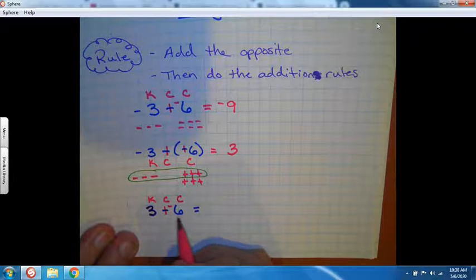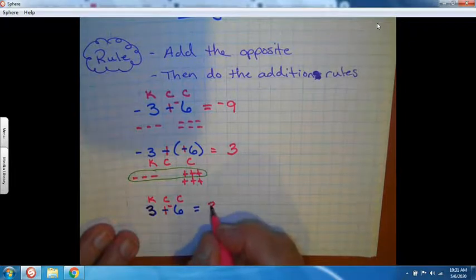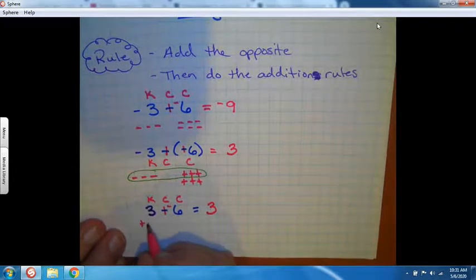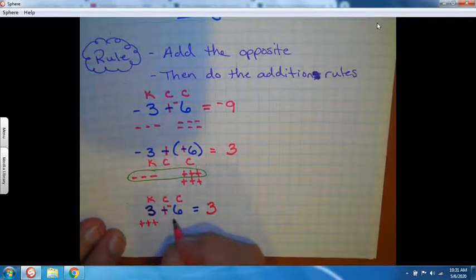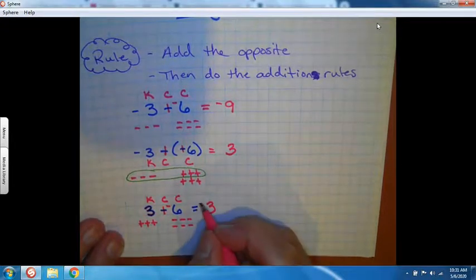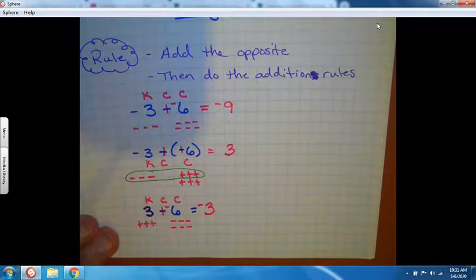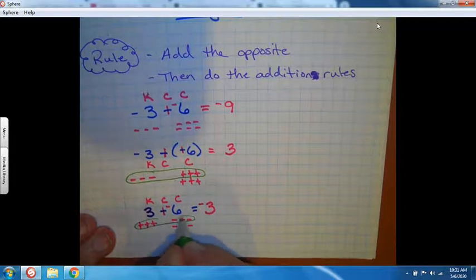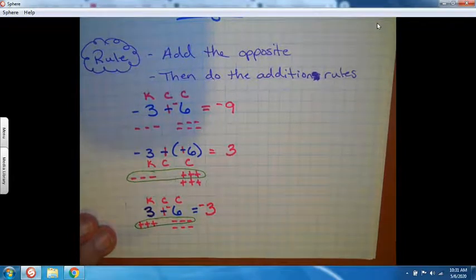So 6 minus 3 is 3. And then there's 3 positives here, and there's 6 negatives here. Who has more? This has more, so this is going to be a negative 3. Or, if you're more comfortable and you want to circle your 0 pairs, it's fine. Circle your 0 pairs, and you'll see what you have left over.